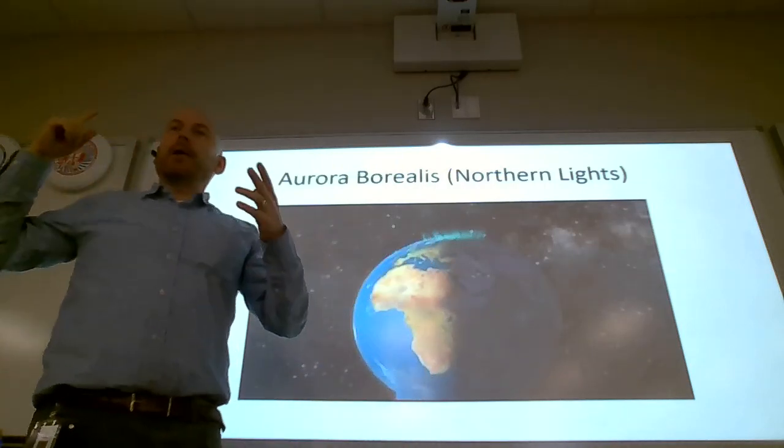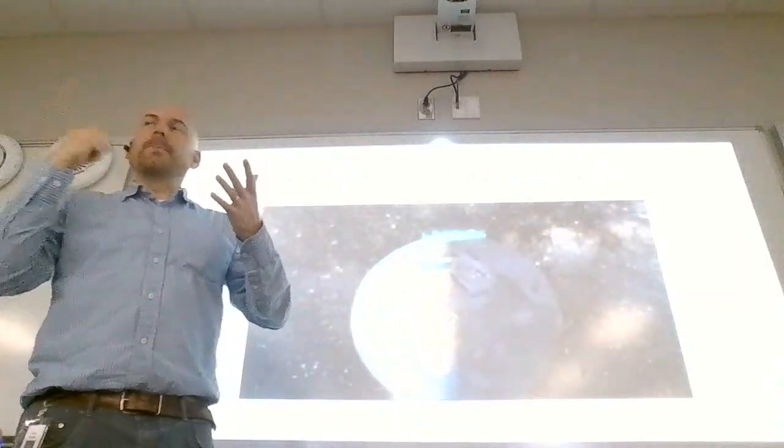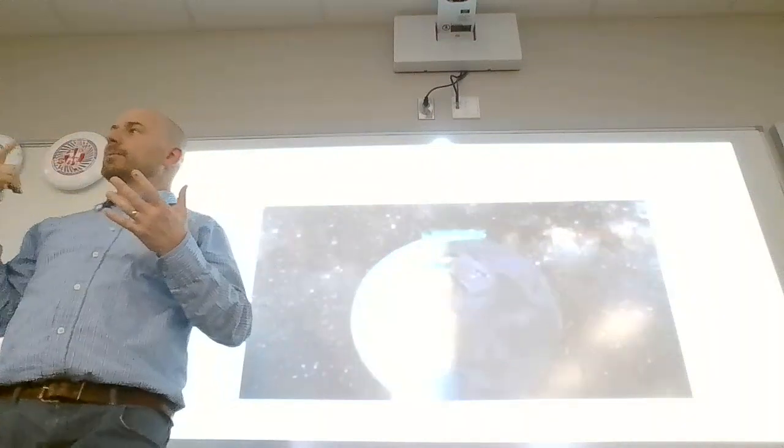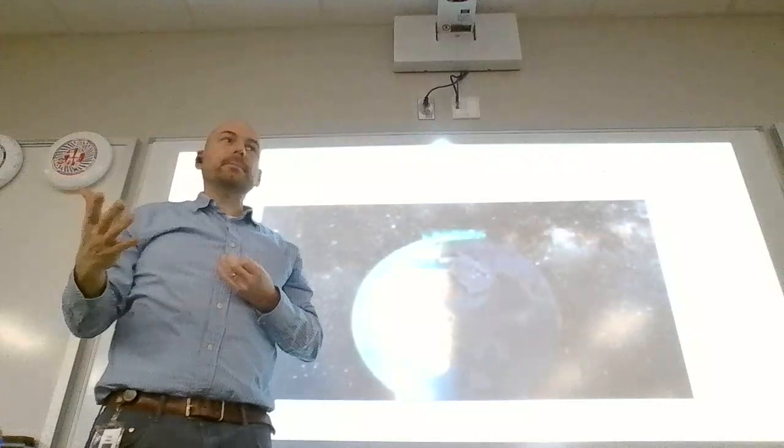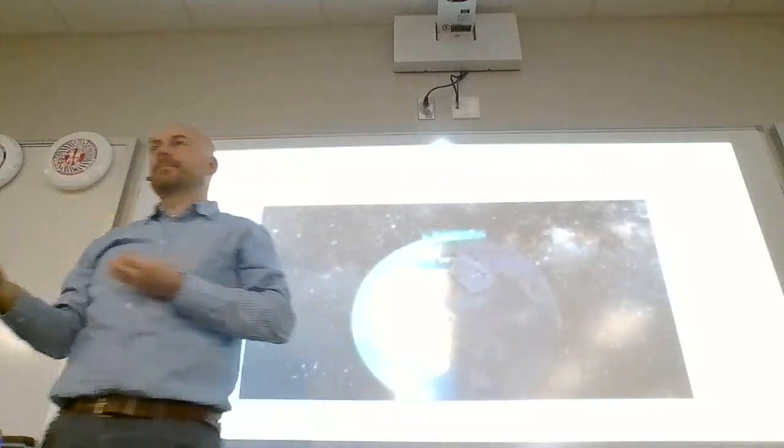It's like spinning, and when they're doing this, at some point they crash into a gas molecule in our atmosphere, and it shoots an electron from the gas molecule up to a higher orbital state, and then when it falls back down, it emits light. And that's where the northern lights come from.